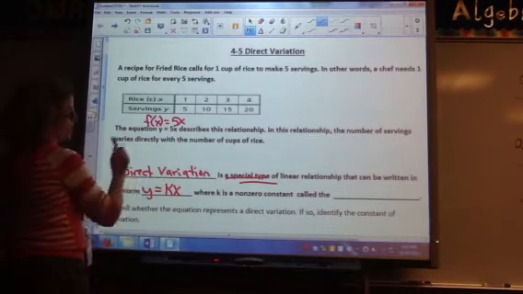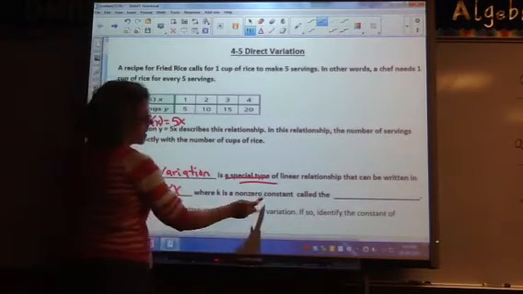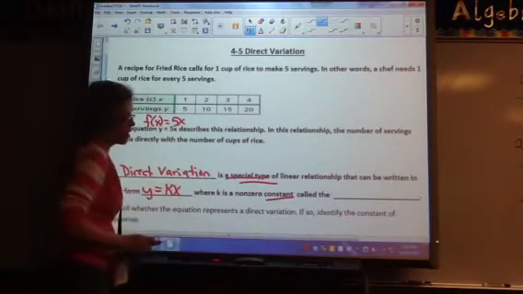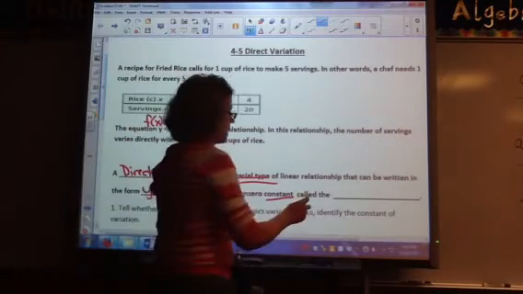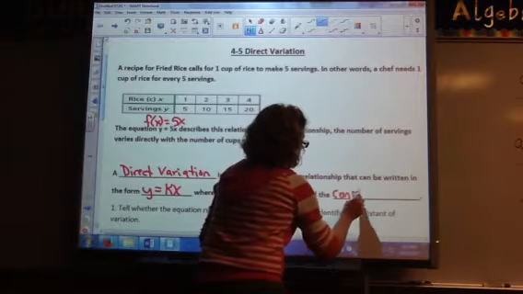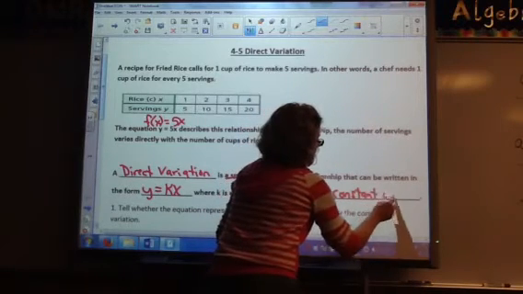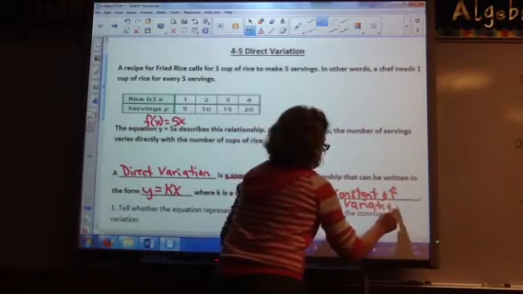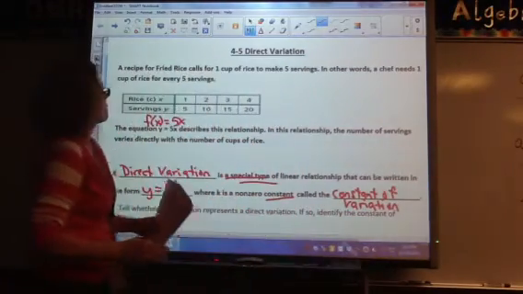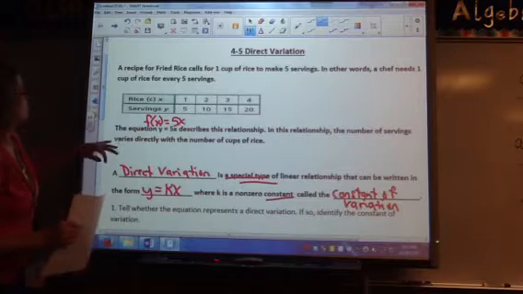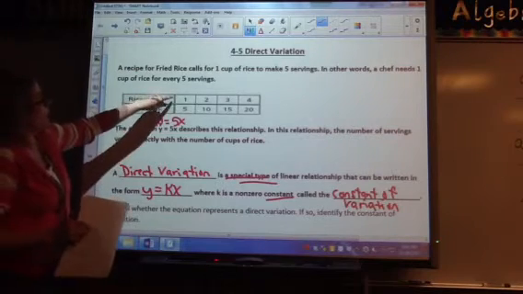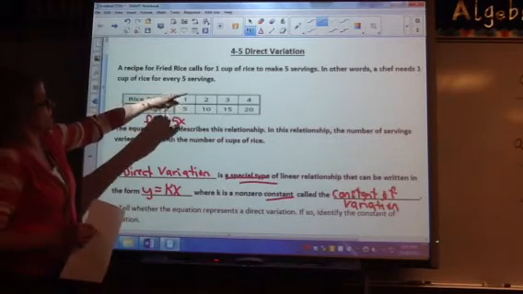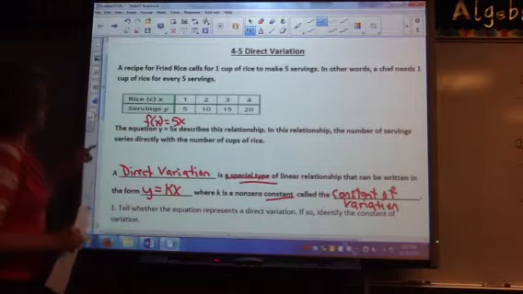Y equals 5x, where k is a non-zero constant. A constant is just a number, called the constant of variation. So 1 cup equals 5 servings, 2 cups equals 10 servings. All right, so that's how you get that.